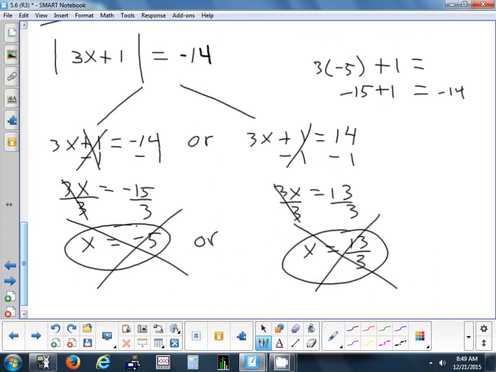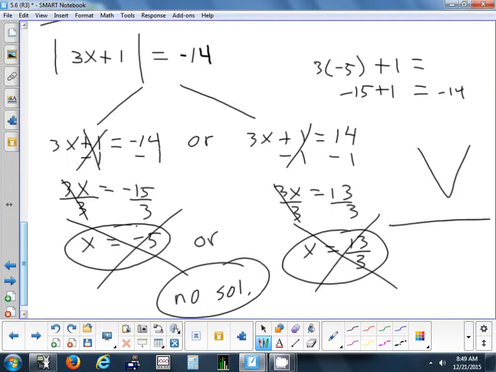All right? So anytime absolute value is equal to a negative, that's no solution. Absolute value cannot equal a negative. If I were to sketch a picture of it, here's your V shape. There'd be a line down there. They'd never cross. Okay, so any question on that one?